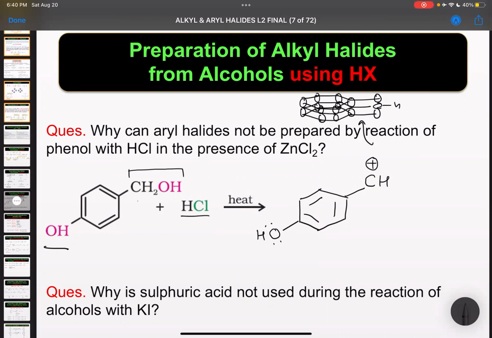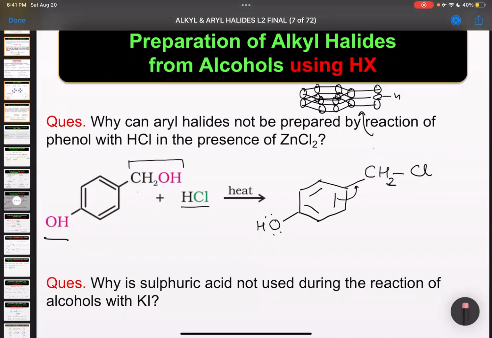It is in the ring, so it is not available for H plus to come and join in. But this cation can form very easily, because it will be stabilized by the benzene. And this CH2, sorry, and the Cl can come, and it is SN1, right?